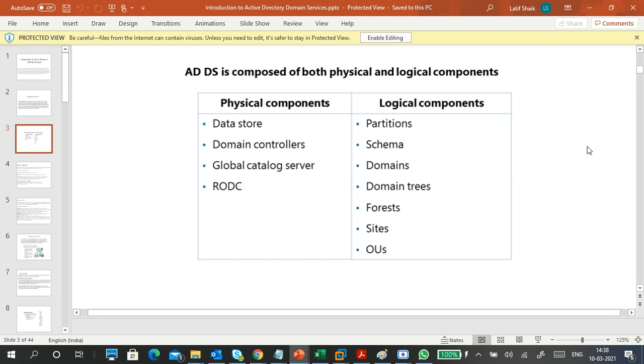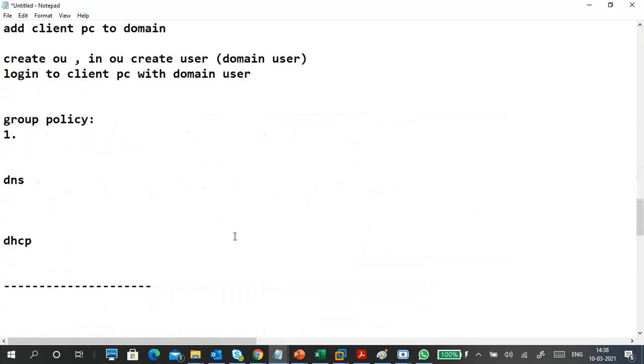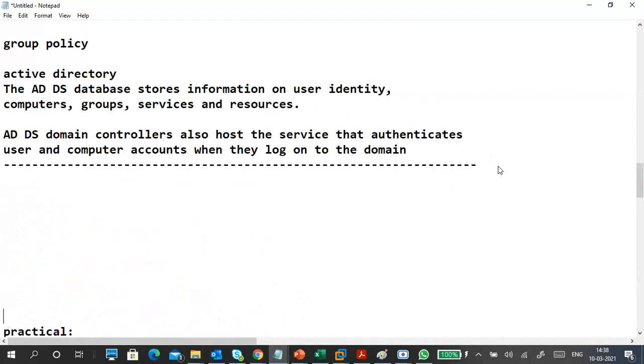Okay, so what is the partition? Here is the question. This is not a disk partition, guys. This is about ADDS partitions, like domain partitions. Active Directory is a database, right?